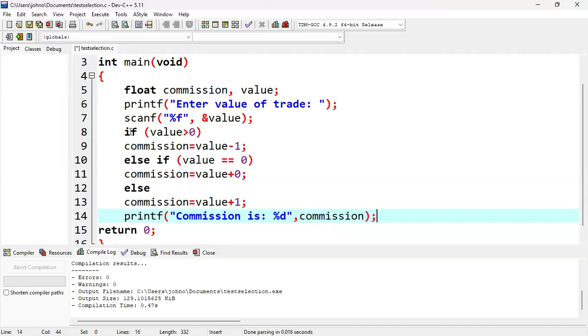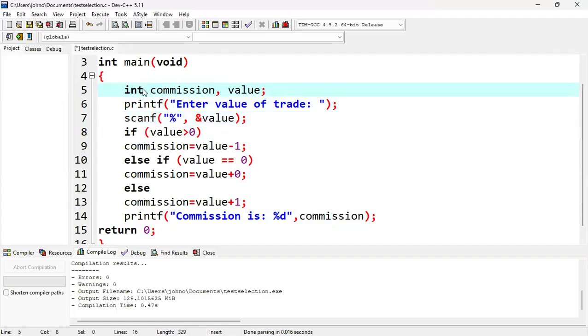Okay, so we can do something like this. We can receive a value from the keyboard, and then let's just change everything to integer. There's no point using float.